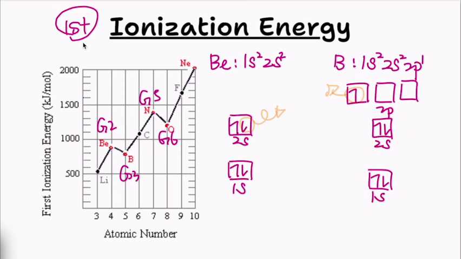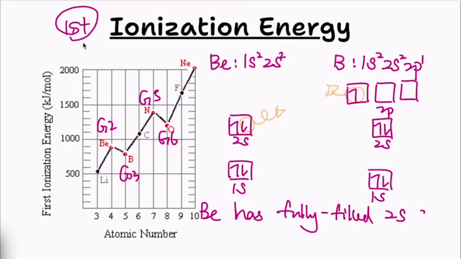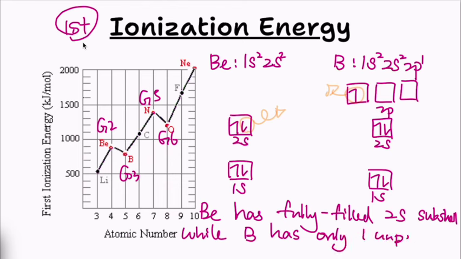So we call this that beryllium has a fully filled 2s subshell, while boron has only one unpaired electron in the 2p subshell.